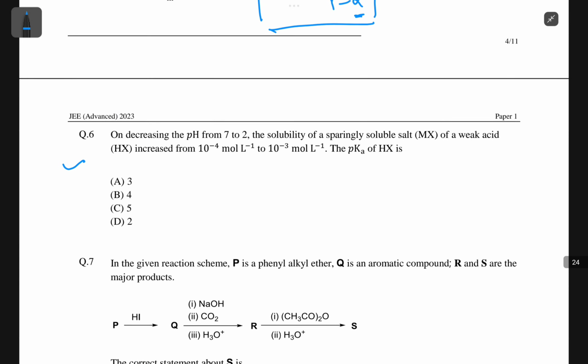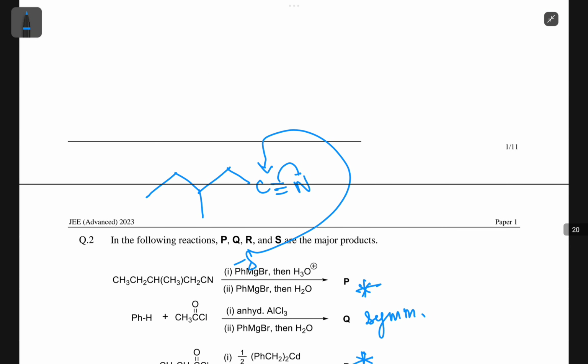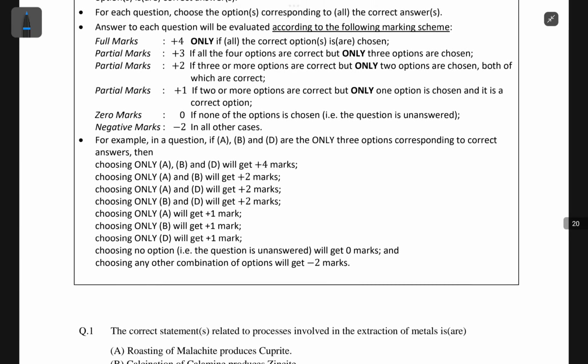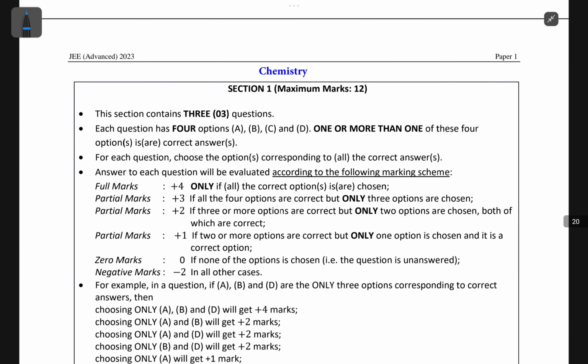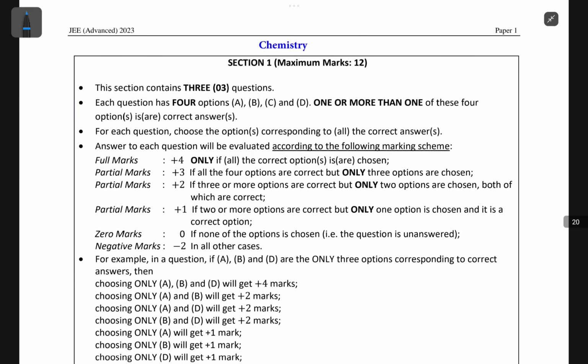You can even do all of them. If I were personally giving the paper, I might leave one or two questions of inorganic if I am in two minds, obviously, because I do not want to get negative marks. But otherwise, it's not that hard.